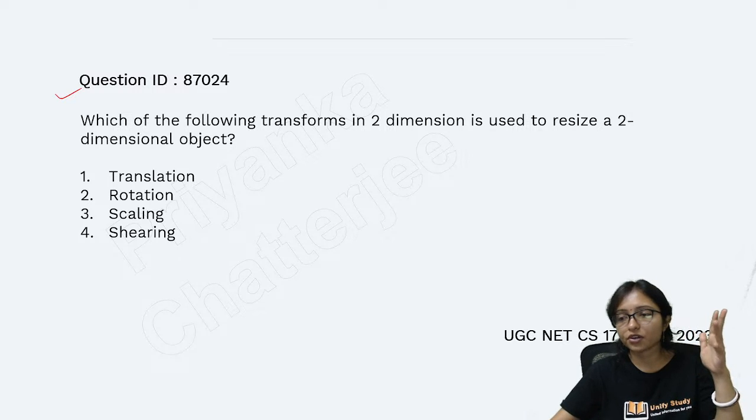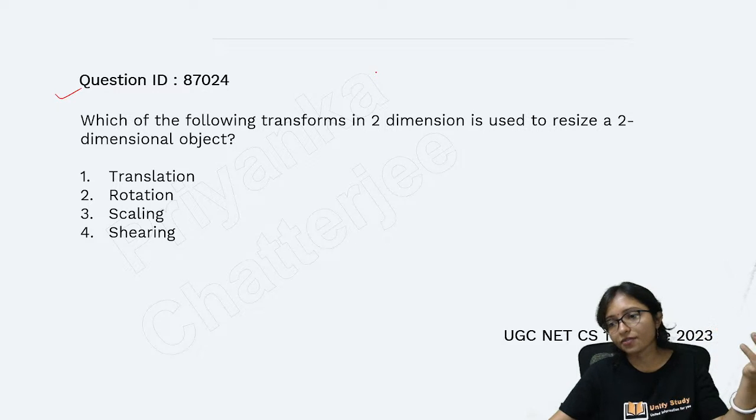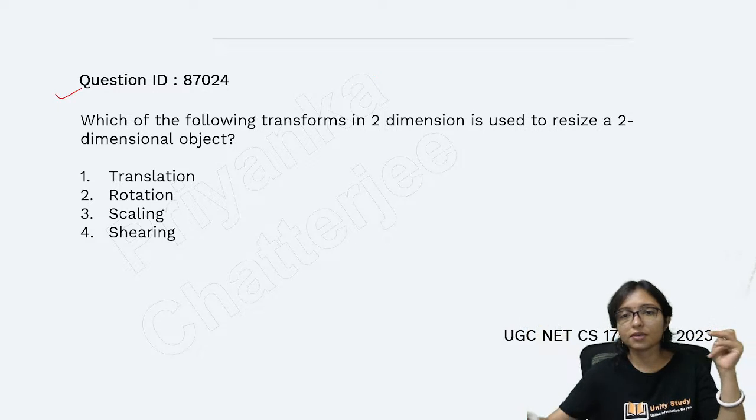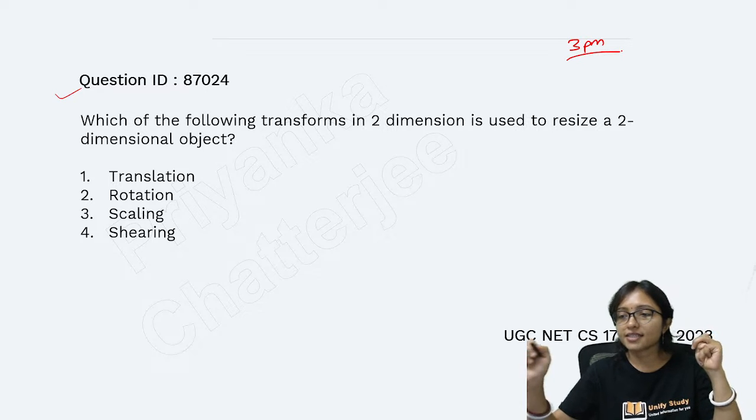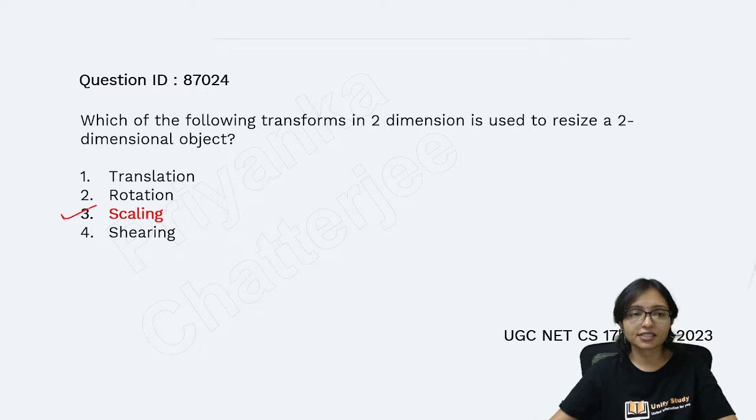Those who are preparing for the SET exam, it will be helpful for them also. We are going to wrap this up. And tomorrow, if you are interested, there is already a plan for an ICT marathon at 3 p.m. Tulasi ma'am will take the ICT marathon. Yes, answers are coming, definitely the answer will be scaling.